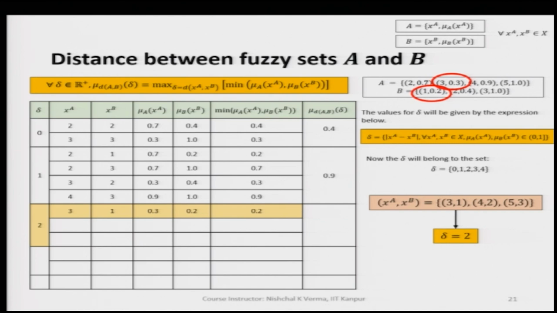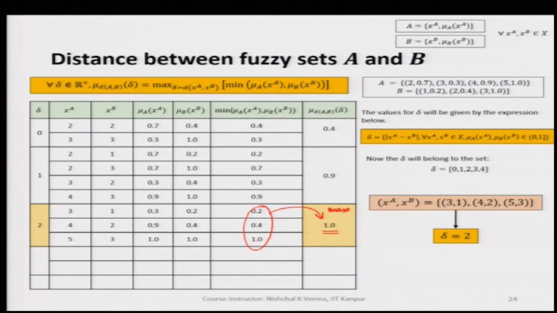When we fill these entries, we get all the entries filled, and we see that the max of all these is 1. So, this way we are getting mu d(A,B) of delta.